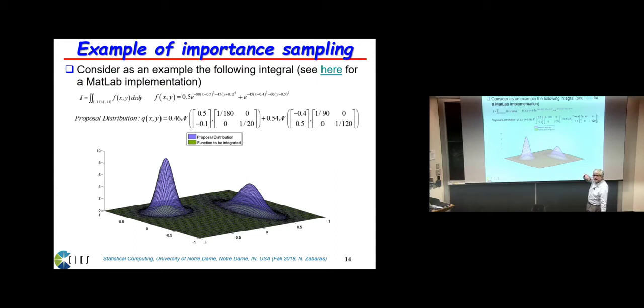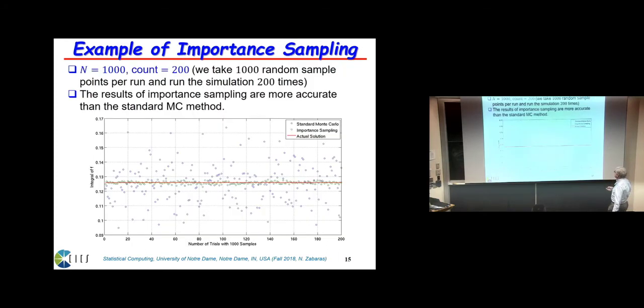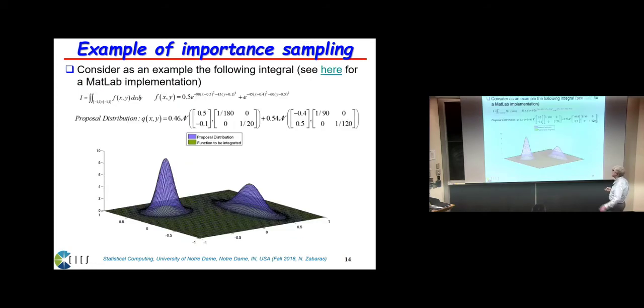If the problem doesn't say I have an expectation, you make it look like an expectation, so you put a uniform distribution on this square domain, that's 1. And then you don't sample really from the uniform distribution, you sample from this Gaussian mixture. And the results for this integral, with like 1,000 samples, you hit the right answer, okay? And so you can calculate integrals like that with stochastic methods.